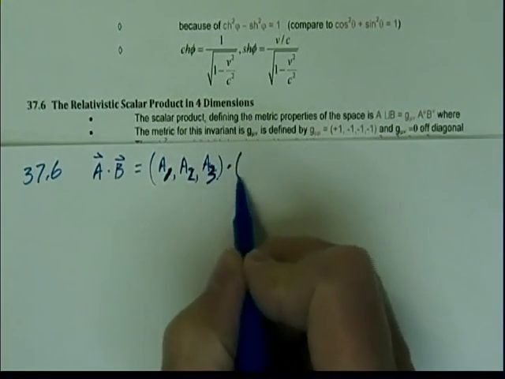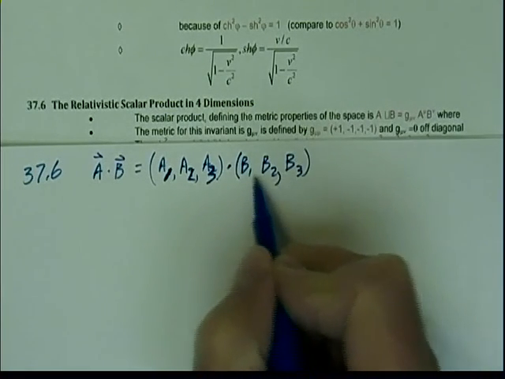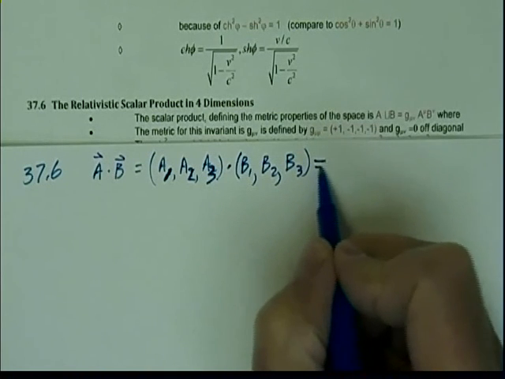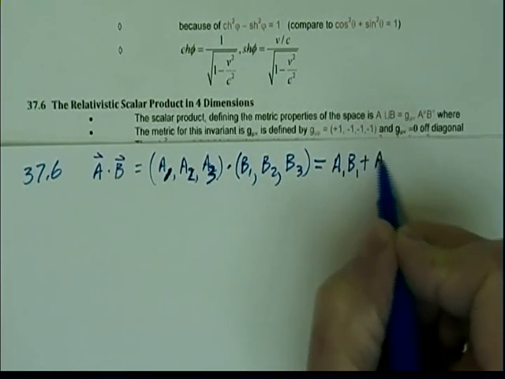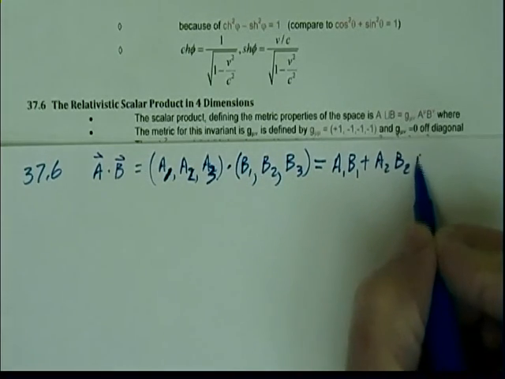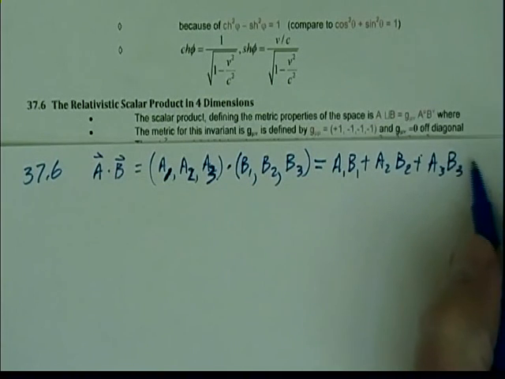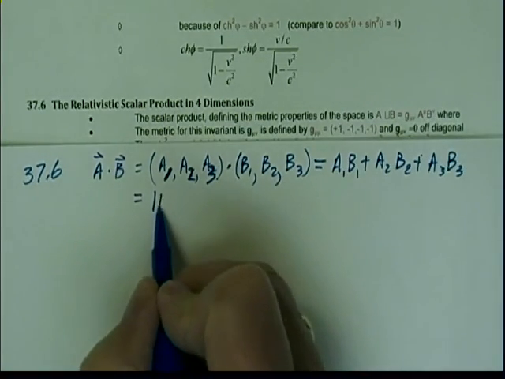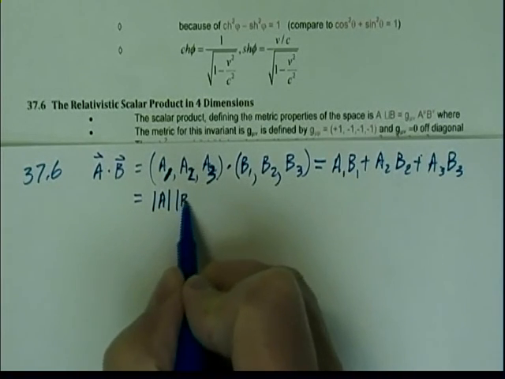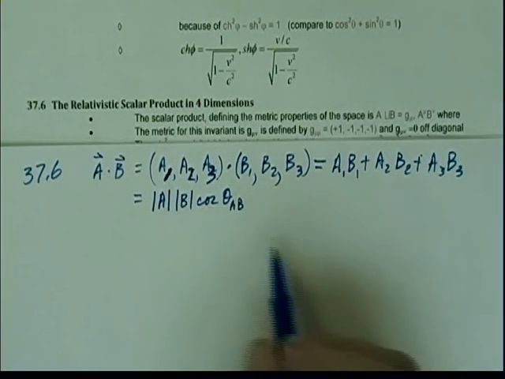And if I take the dot product of that with B1, B2, B3, then this dot product is equal to A1 times B1 plus A2 times B2 plus A3 times B3. And it is invariant. And this is equal to the length of A times the length of B times the cosine of the angle between A and B.